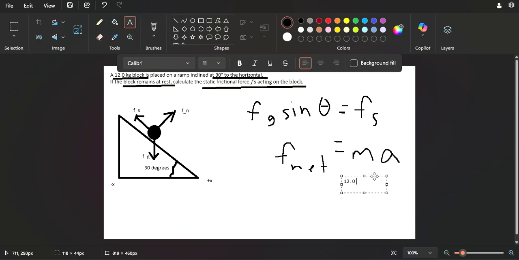So 12.0 kilograms times the acceleration. And for acceleration, we would be using the horizontal or the parallel component that I drew. So we're just using the force of gravity as our acceleration, and in this case, we would just be approximately using it as 10. So it would be times 10 meters per second squared.